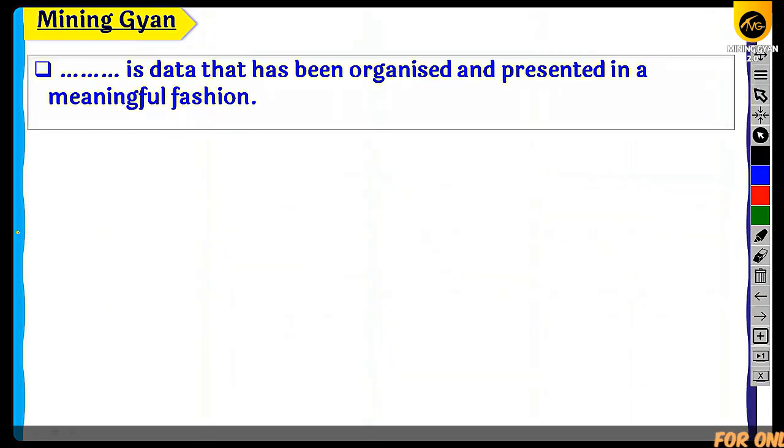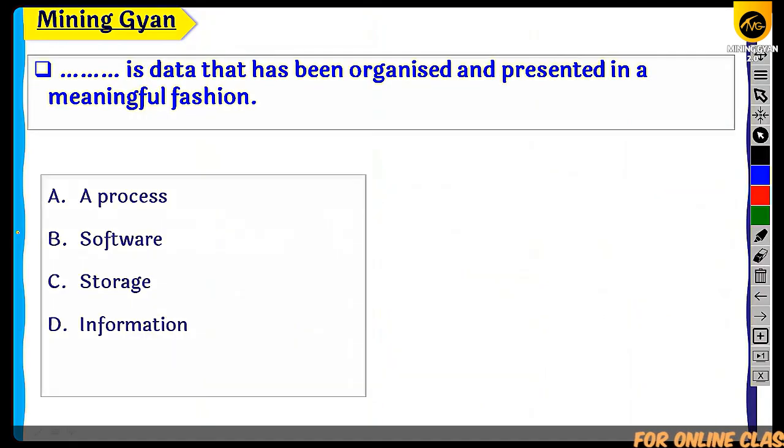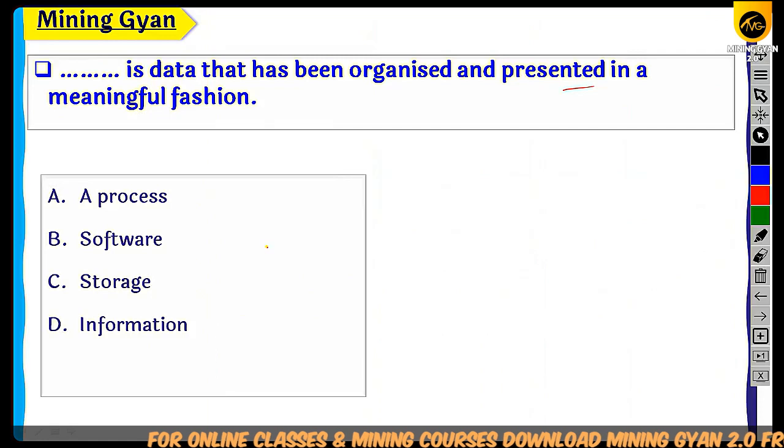The next question is, which is the data that has been organized and presented in a meaningful fashion? The first option is process, second is software, third is storage, and last is information.